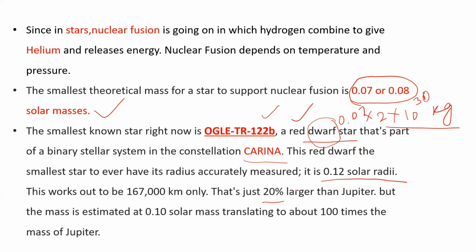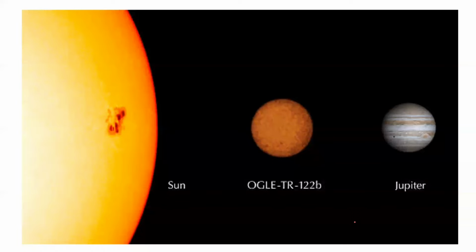It means if Jupiter had 100 times more mass, with the radius remaining the same, or we can say 20% larger, our planet Jupiter would be a star. Okay, so Jupiter can also be a star.